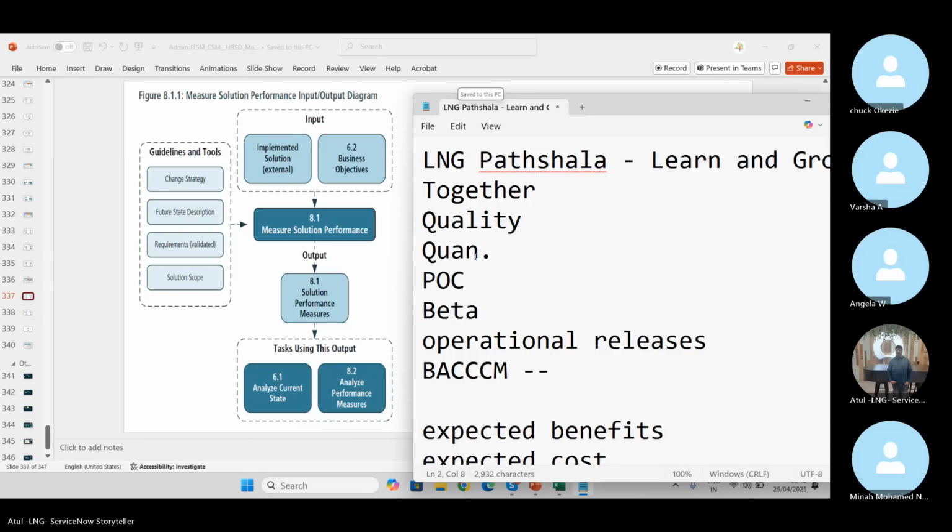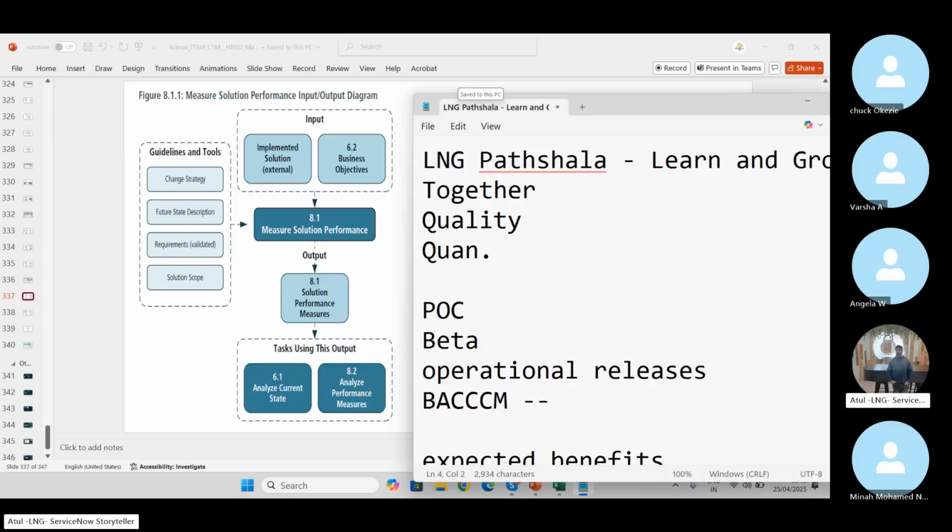If you have quality and quantity in mind, then how do you validate that part? The first is my solution measure. Second is how to validate. Because you have to validate as well. By implementing ServiceNow incident management, my agent efficiency increased 20%. That is both quality and quantity.